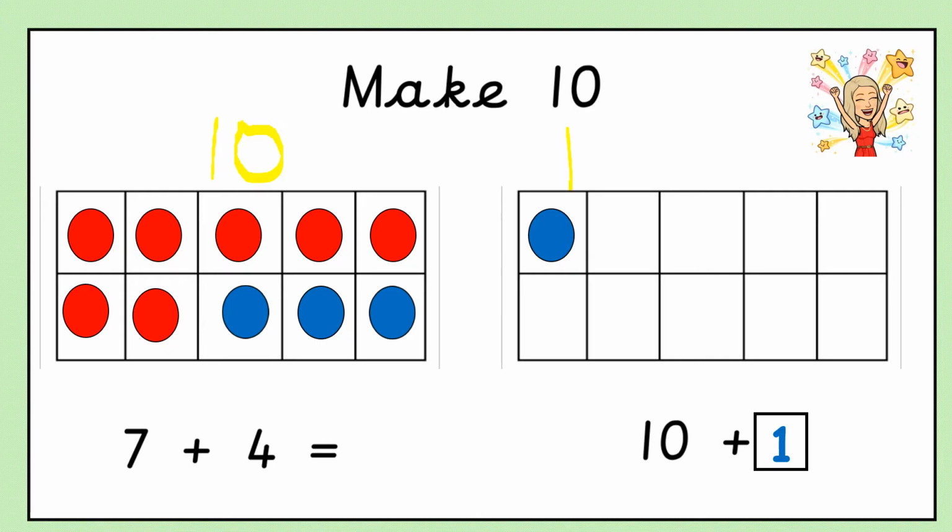So instead of my number sentence being 7 add 4, I've made 10, and my number sentence is 10 plus 1. 10 plus 1, that's a much easier number fact, isn't it? I can work that out straight away. 10 plus 1 is equal to 11, that's right. So 7 add 4 is the same as 10 plus 1.